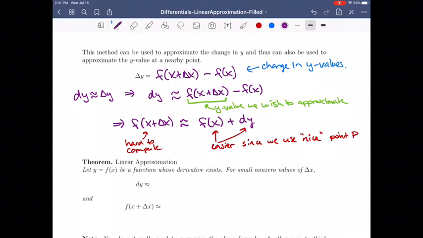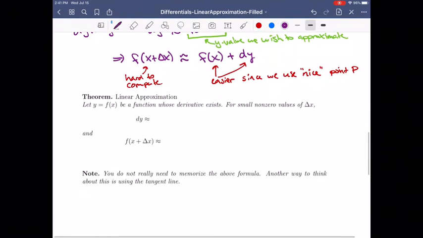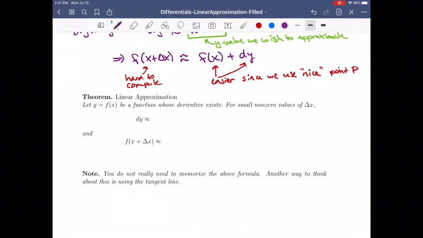They're the same, just a different way to write it. So if y is f of x, a function whose derivative exists, and for a small non-zero delta x, dy is approximately delta y.